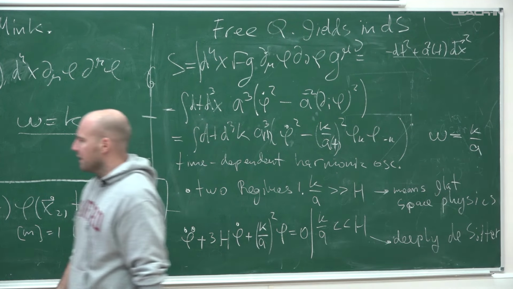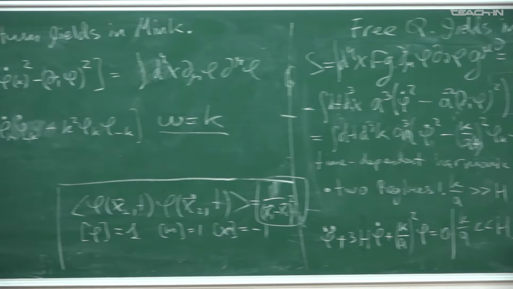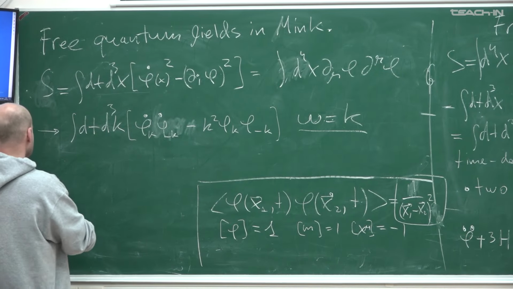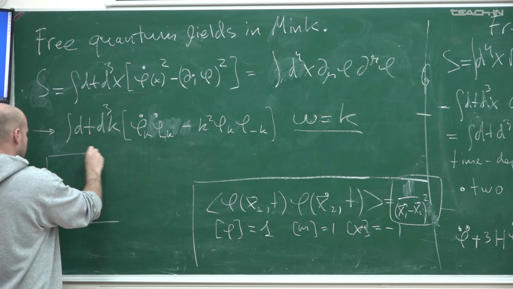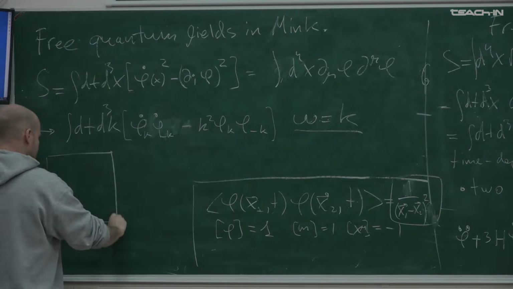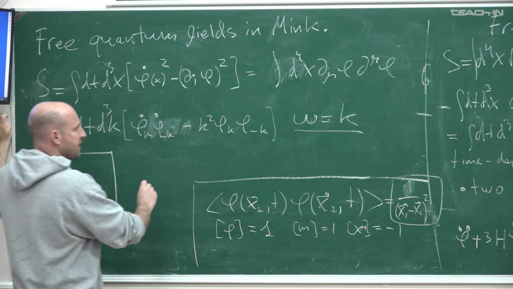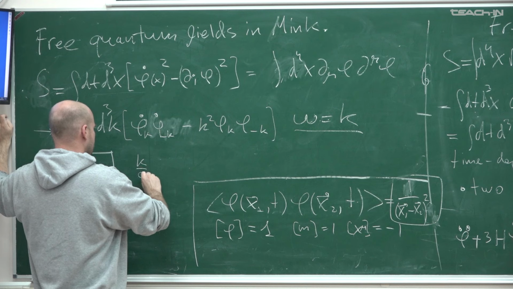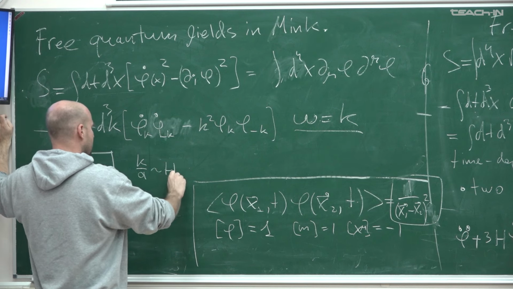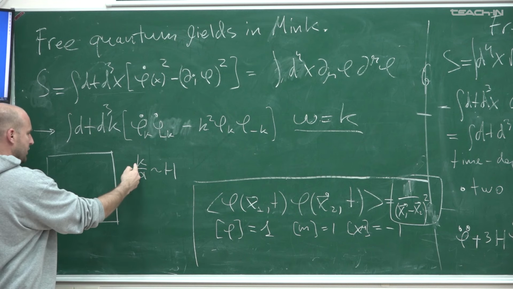But let's also understand the picture. The idea is that when k over a is close to Hubble, it corresponds to a mode of a certain size.